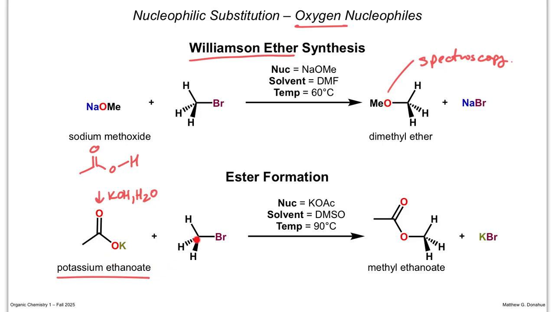And then that can attack the electrophilic carbon. The leaving group leaves, and now we've made an ester.